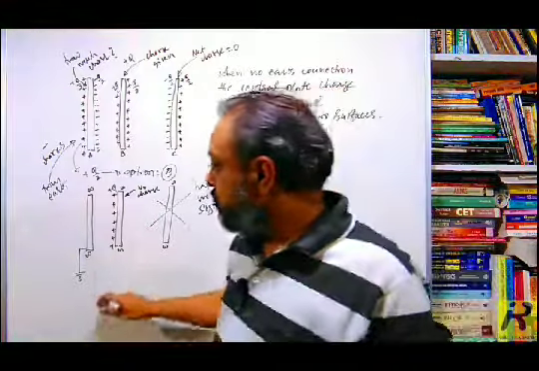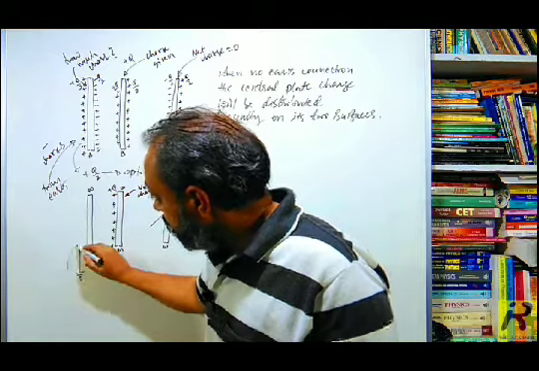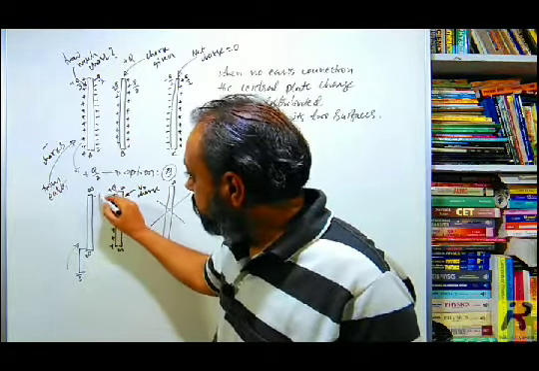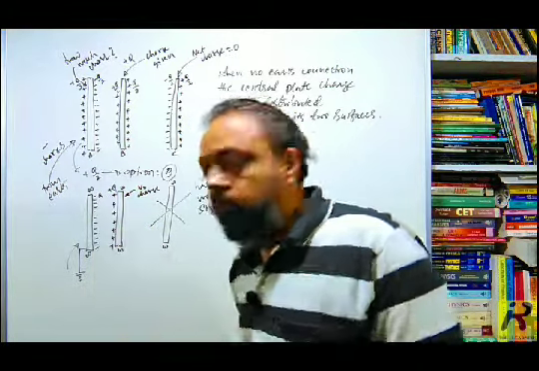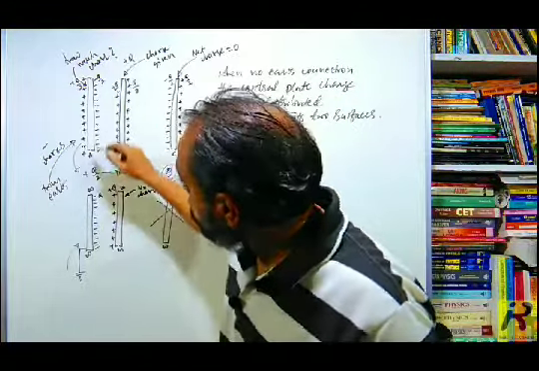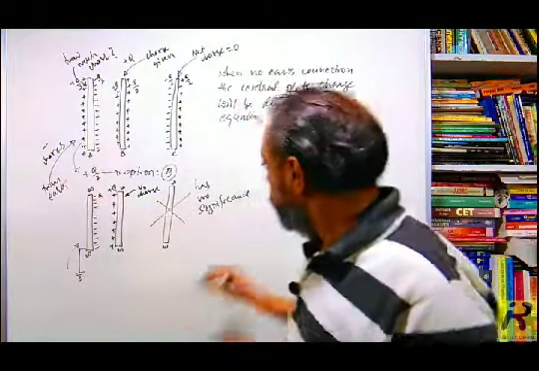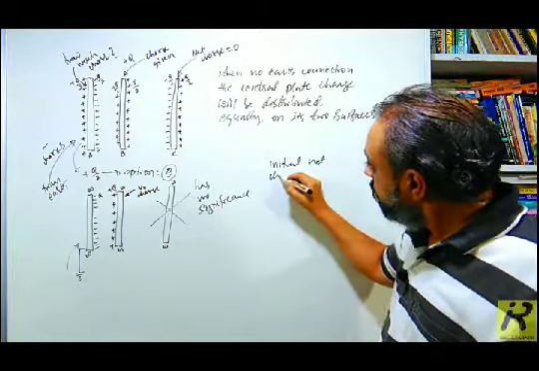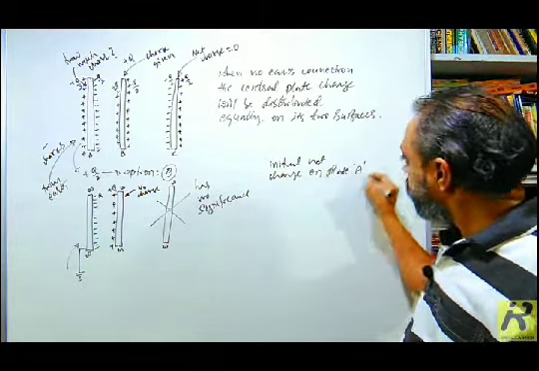The electrons from earth will come into this plate as minus Q. Initially the net charge on plate A is 0.